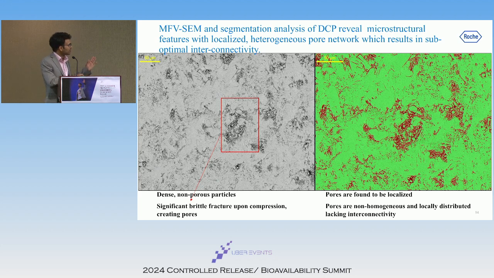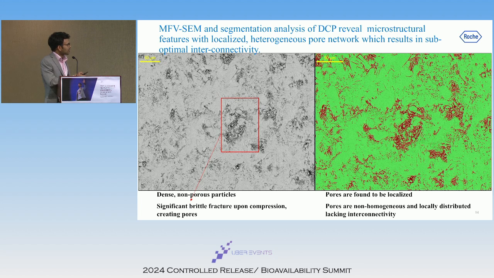So here is the first MFV SEM scan of the pure DCP tablet. The image on the left is the original MFV SEM scan, and what we see is DCP particles are highly dense and they lack any kind of pores. And secondly, we see a formation of a lot of fractures, and we believe these fractures are attributed to the brittleness of DCP upon compaction.